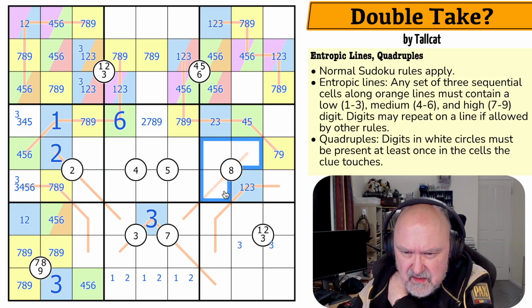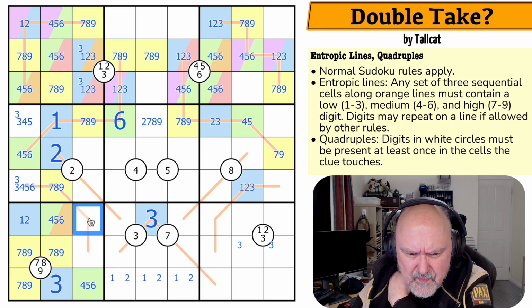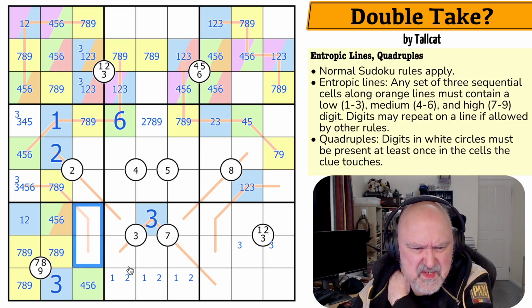8 is in here, but I don't have anything else about 8s. This is just 1, 2, 4, 5, 6. I don't know.